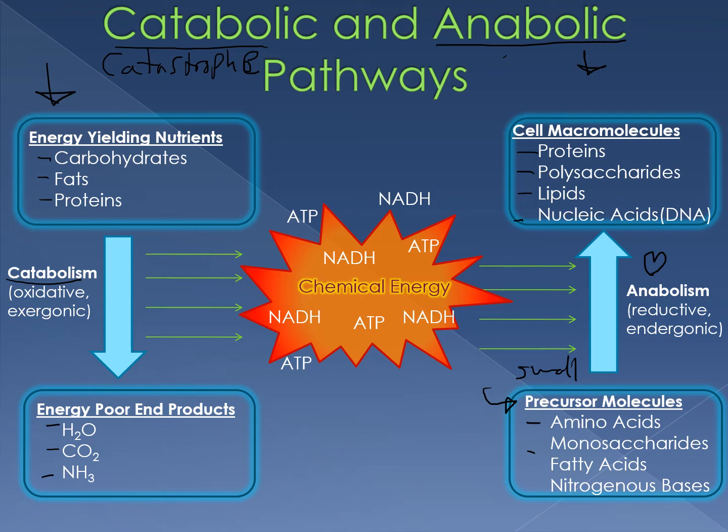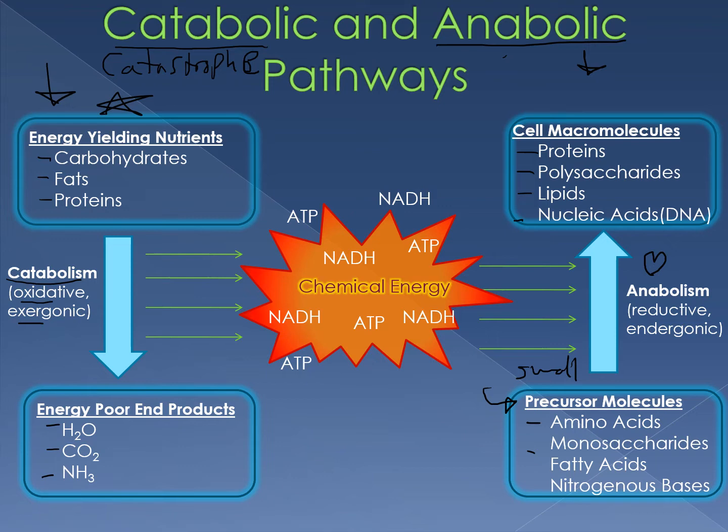Okay, so let's start back over here and talk about energy yielding nutrients. They are broken down by catabolism. We'll talk about what oxidative means later, and exergonic. Essentially, exergonic means it releases energy, but I don't want to get too into that.